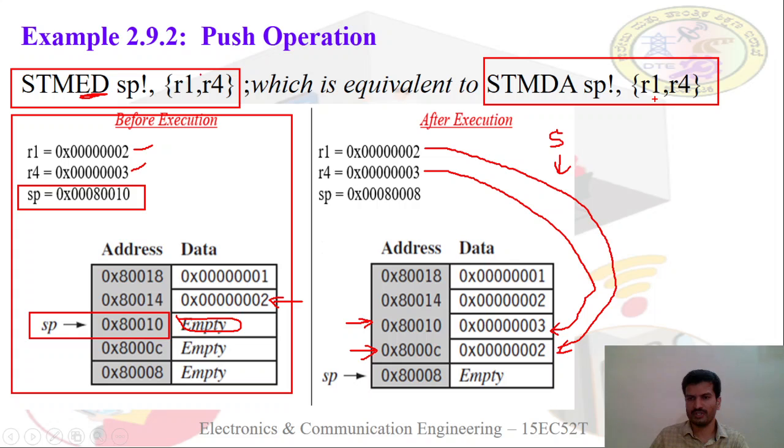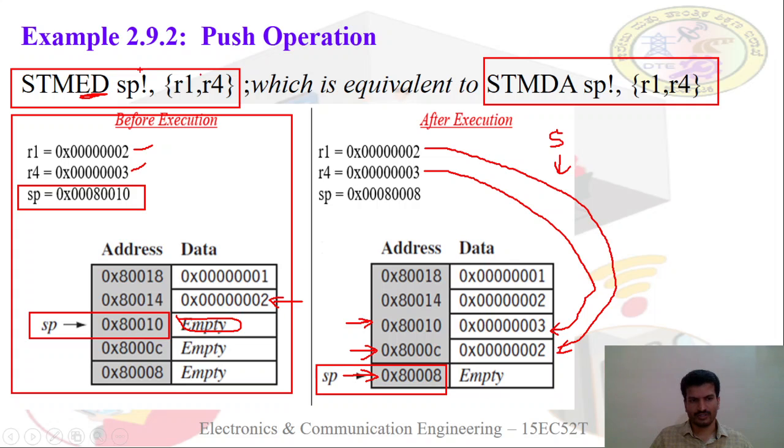So here we have only two registers, R1 and R4, whose data are pushed onto the stack memory locations. After the store, the SP is decremented by 4. Now the SP is pointing to 80004. This is also an empty location, there is no data inside this memory location. So E: before and after execution, the stack pointer always points to an empty location.